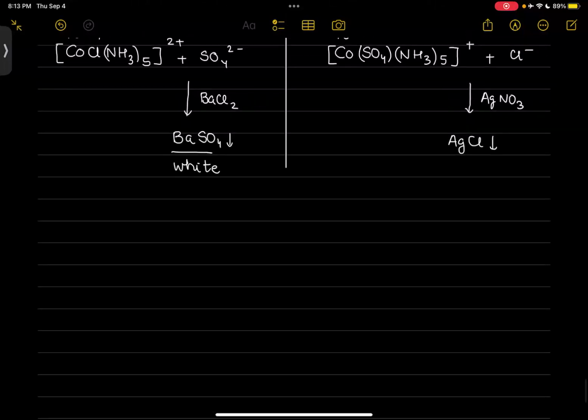So let us do some problems. Write the formula for ionization isomers of the following compounds.